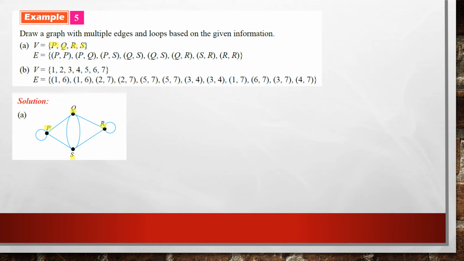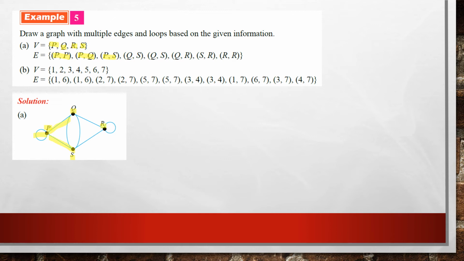Then the line PP. PP shows it starts with P and ends with P. So it is a loop. Then PQ. PQ is this straight line. Then PS is also this straight line.